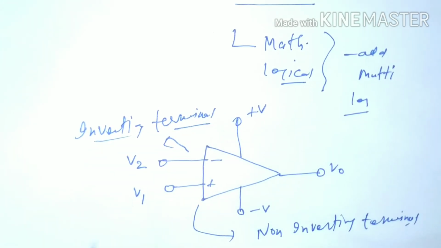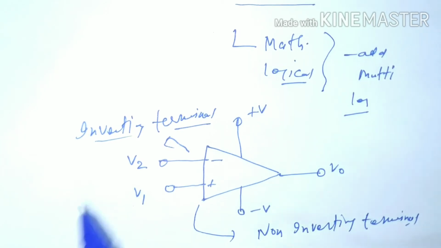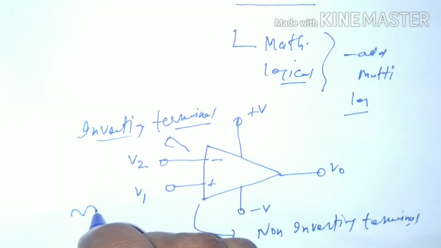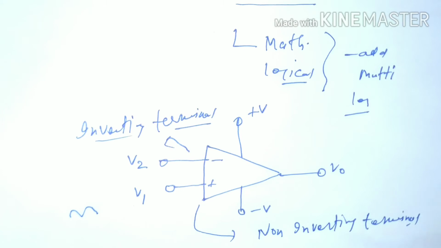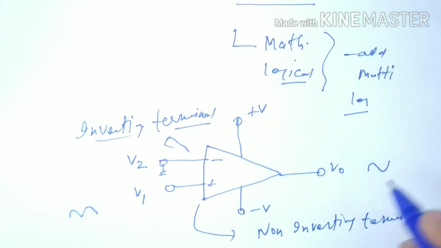Why is it called the non-inverting terminal? Because if we apply input here and the other terminal is grounded, then we get output of the same phase.